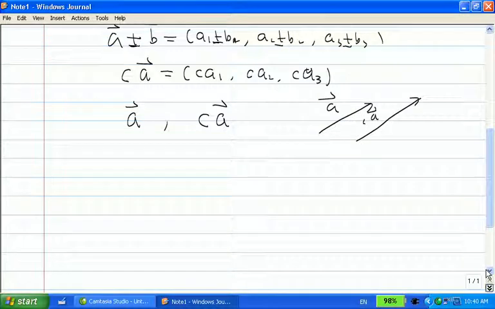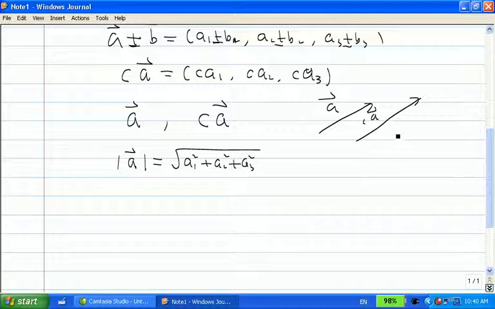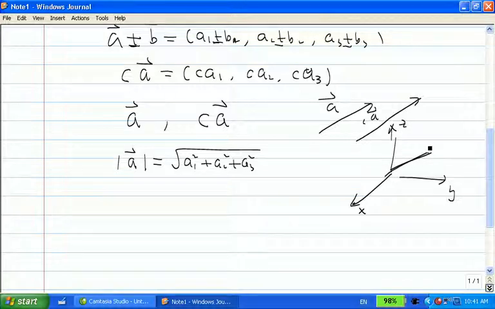As I said, for a vector we have a magnitude. We define the magnitude of vector A as the square root of A1 squared plus A2 squared plus A3 squared. What is that? Remember, vector A has components A1, A2, A3, starting at the origin and ending at the point A1, A2, A3.